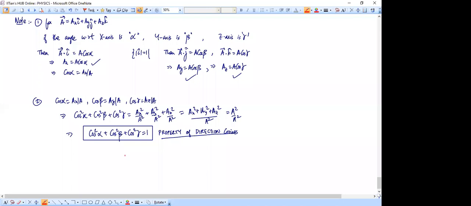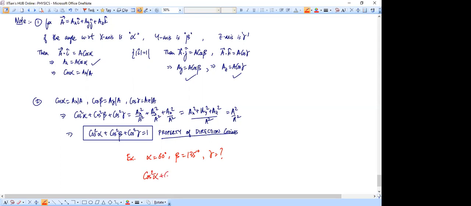For example, if I tell you that alpha is 60 degrees and beta is 135 degrees, how much is gamma?